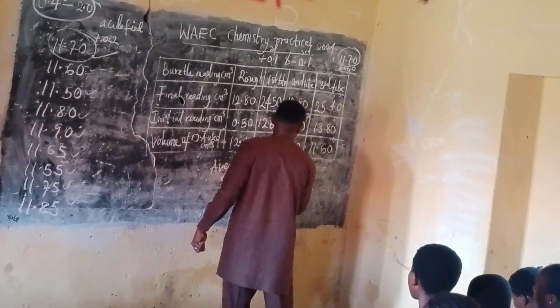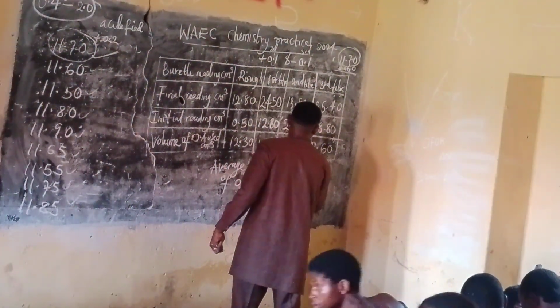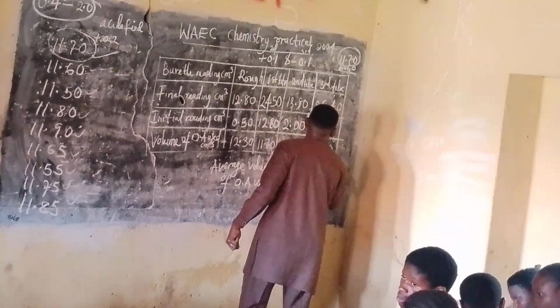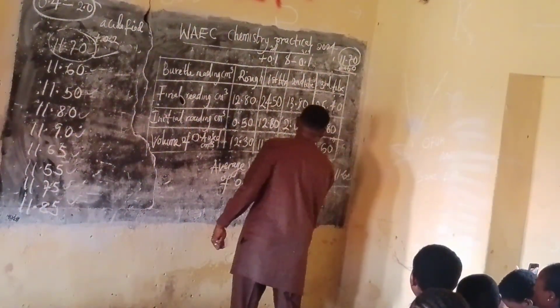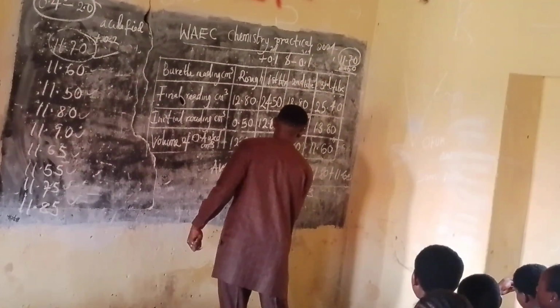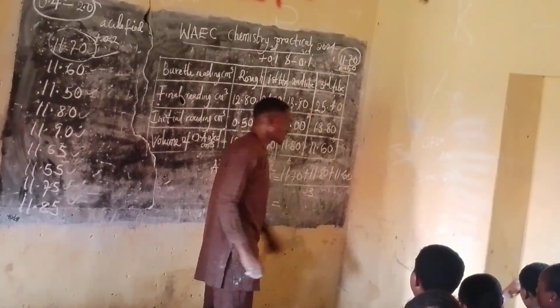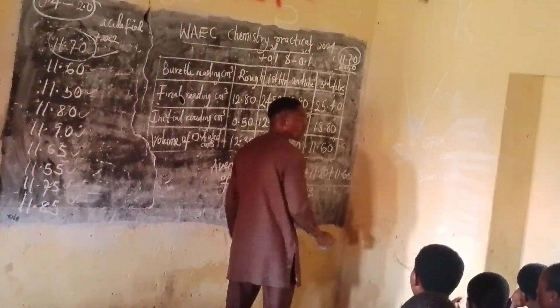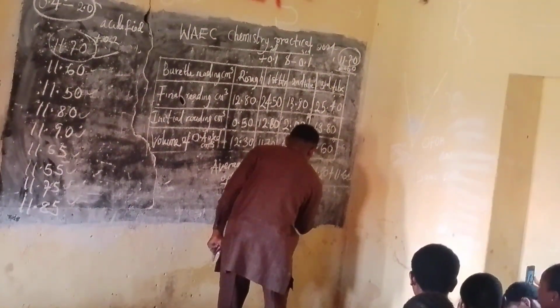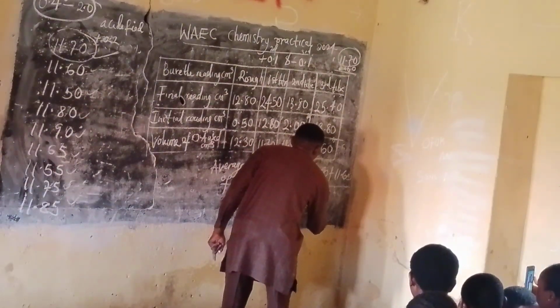Add 11.70 plus 11.80 plus 11.60, divided by 3. If you add all of them divided by 3, you will get exactly 11.7. But you must report it with addition of 0. So 11.70 cm³.